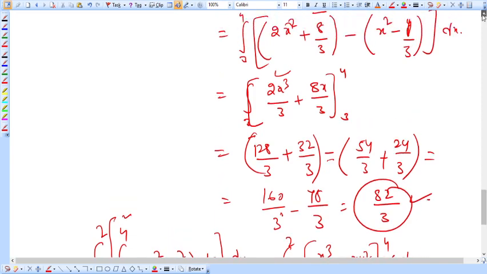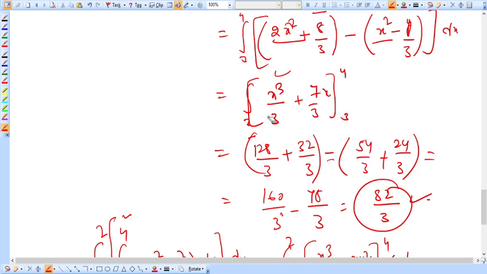Once again we have made a mistake, so we will have to mend it. After integration, x square becomes x cube by 3, and it would be 7x by 3.